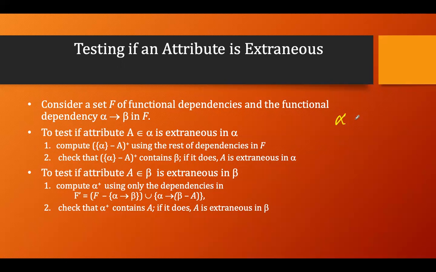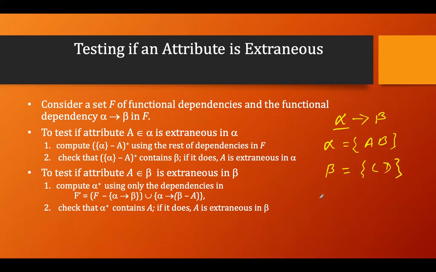There is a functional dependency alpha determines beta. Let's say alpha consists of AB and beta consists of, let's say, CD.